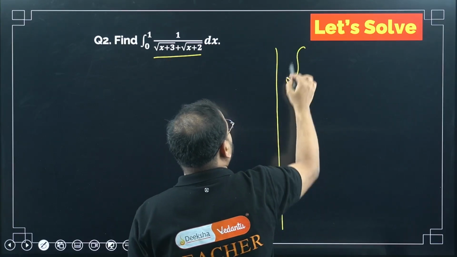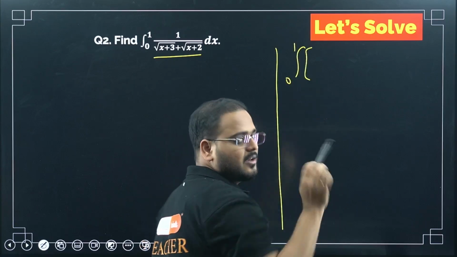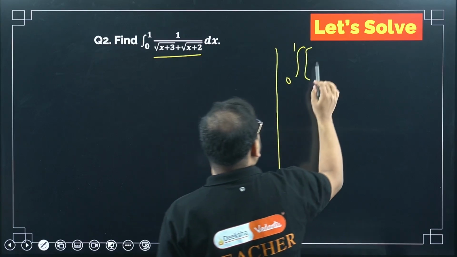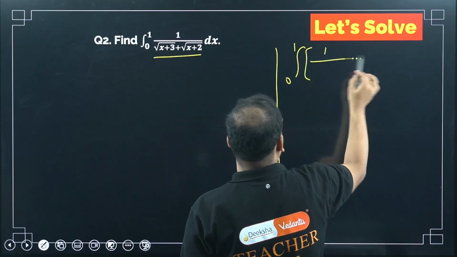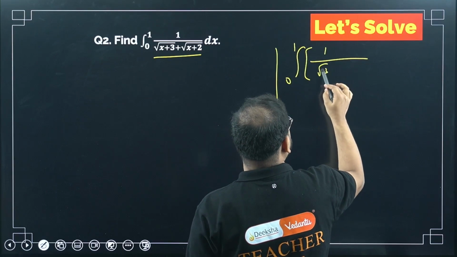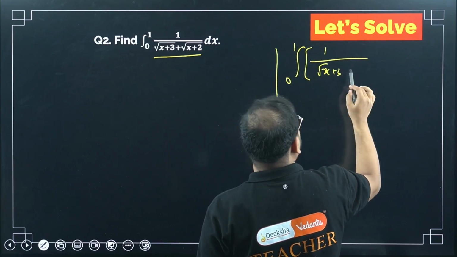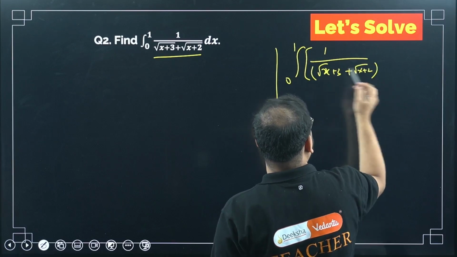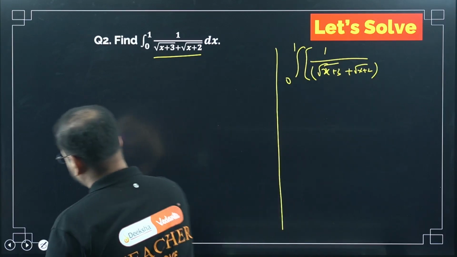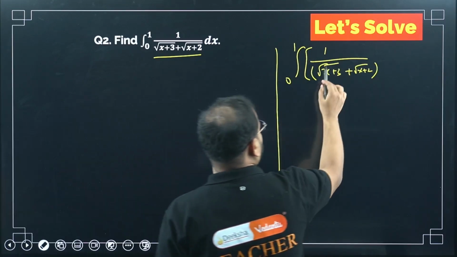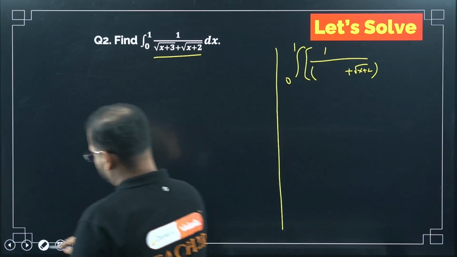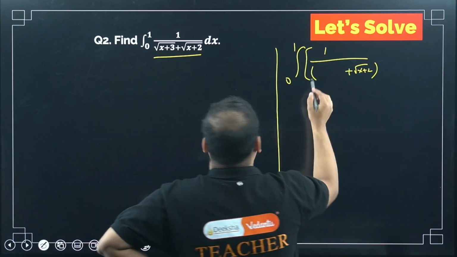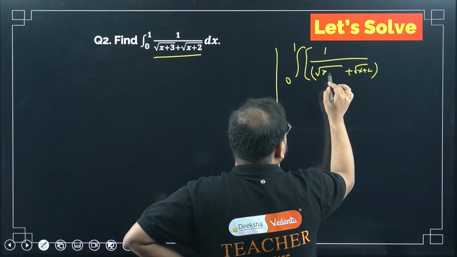It will become 0 to 1. What is in the bracket? Just to be sure about it, we get what? 1 upon root of x plus 3 plus root of x plus 2, and this is root of x plus 3 as it is.